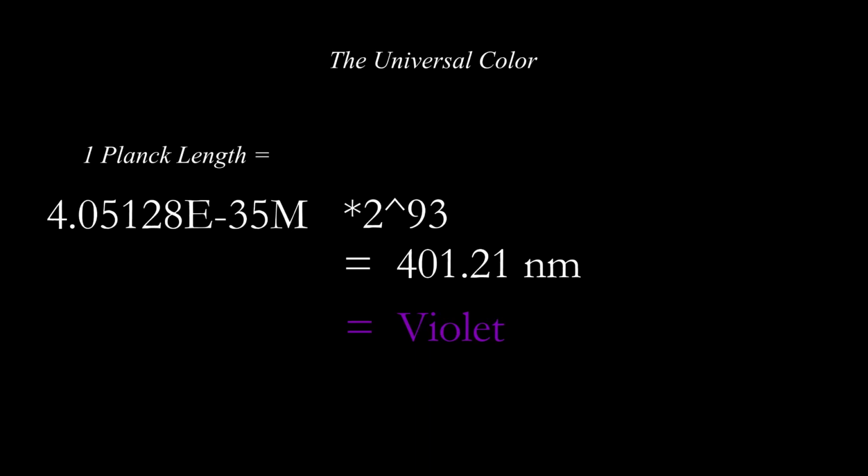So, the color of the universe, or this dimension, is actually violet, which is very intriguing because that particular color is very close to the shortest wavelength that the human eye can see. The human eye can see roughly between 380 and 780 nanometers.